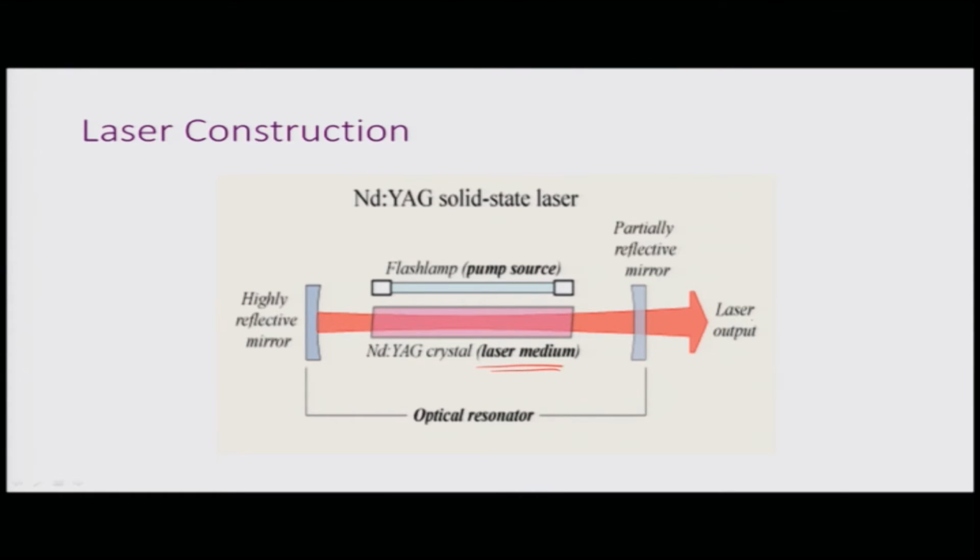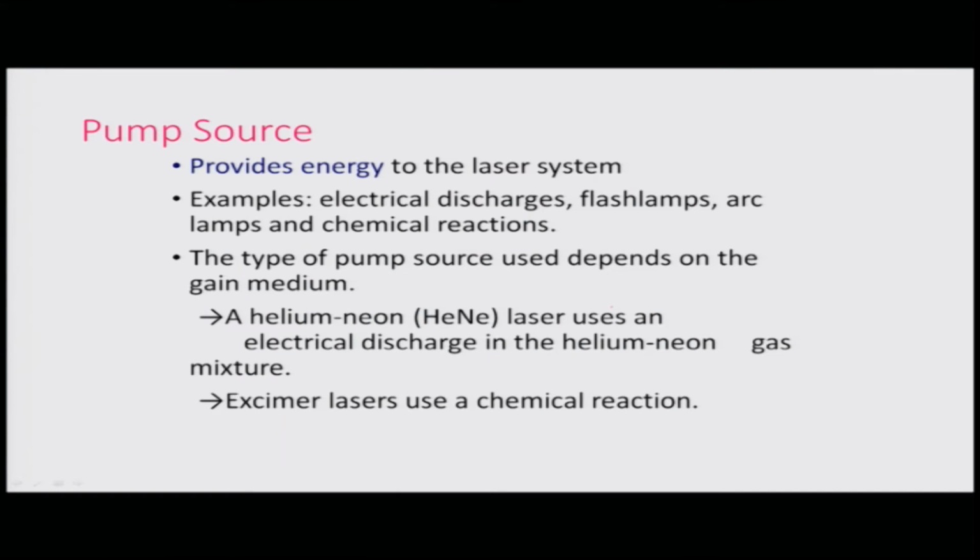A glimpse of this kind of laser was already presented in the earlier lecture, showing an almost 100% reflecting mirror on one side, and a slightly less than 100% reflecting mirror on the other side. So, the little leakage comes out as the output, and most of the gain and all this process continues within the resonating cavity. That is the basic idea.